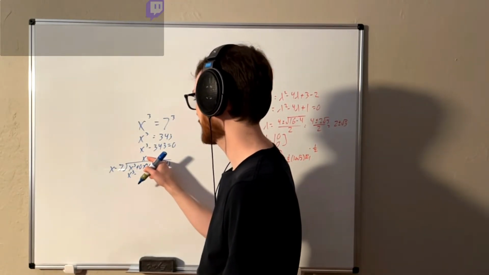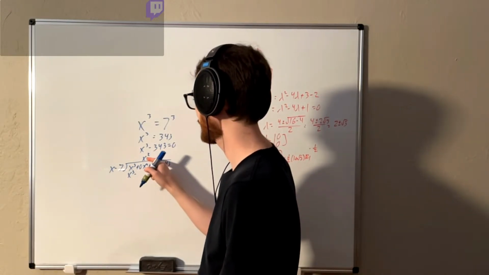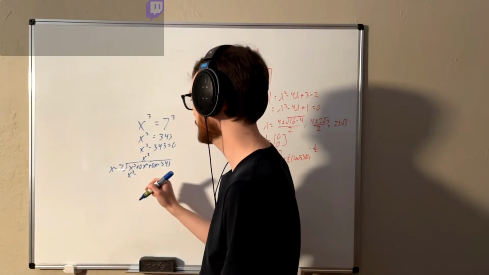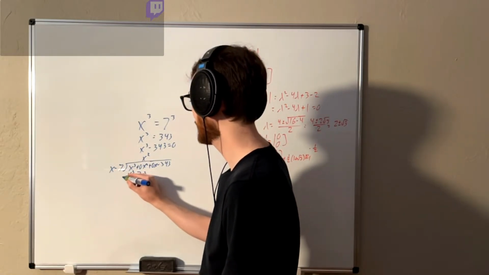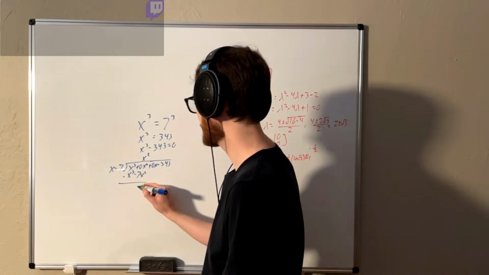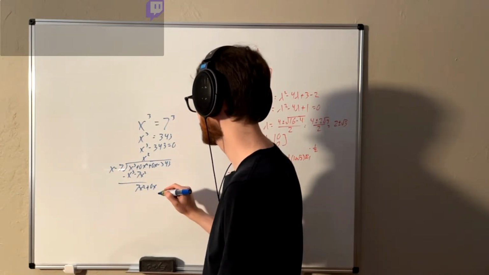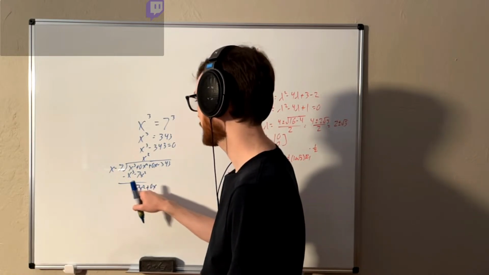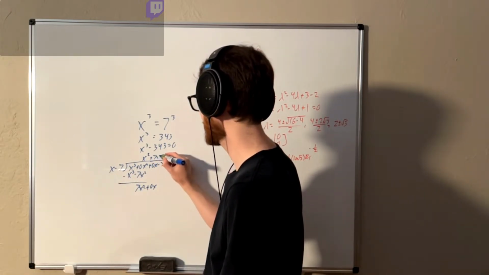So we start by making the x cubed match. Oh wait, sorry, an x squared. So x squared times x is x cubed. x squared times minus 7x is minus 7x squared. Subtract these. Those cancel. This becomes a positive 7x squared. Drop down the next term. Now take the 7x squared. We make the x match the 7x squared, so we're going to do plus 7x.